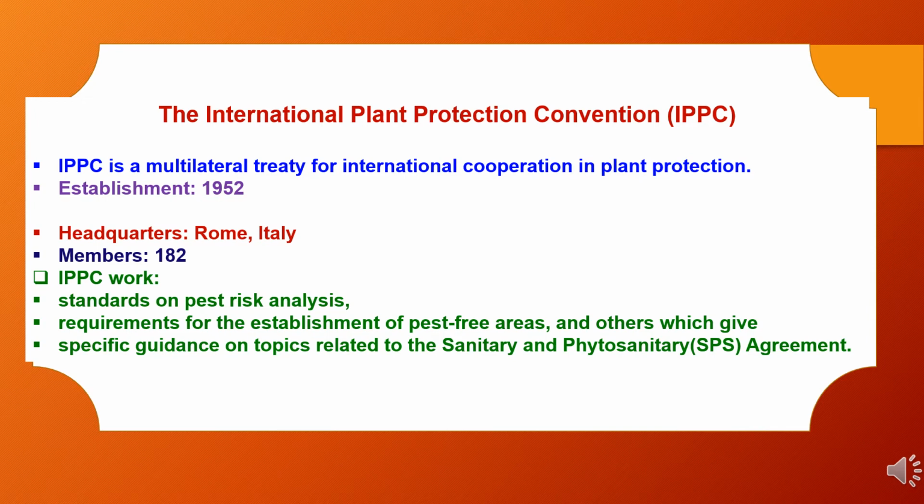It has its headquarters at Rome, Italy, and presently nearly 182 countries are members of it, with the purpose of securing common and effective action to prevent the spread and introduction of pests of plants and plant products and to promote appropriate measures for their control. The contracting parties undertake to adopt the legislative, technical and administrative measures as specified in this convention and in supplementary agreements. So, they are dedicated to plant quarantine measures.